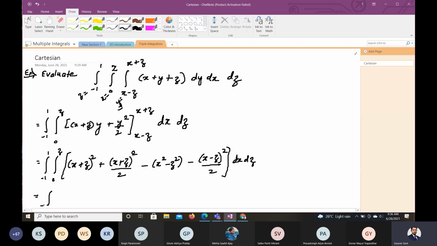So integration minus 1 to plus 1, integration 0 to z in the bracket, this will be 3 by 2 x plus z whole square.